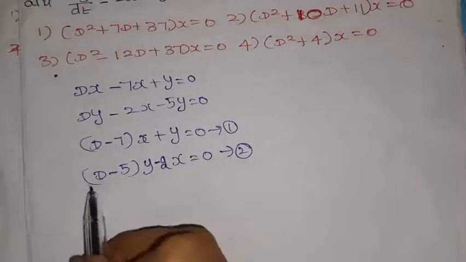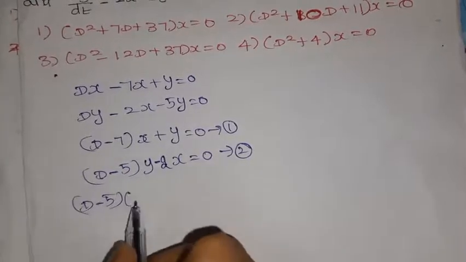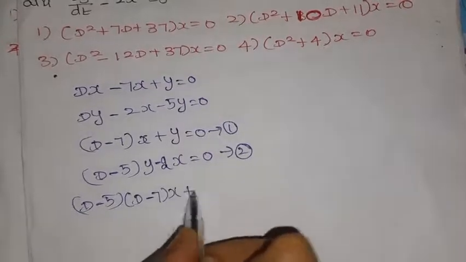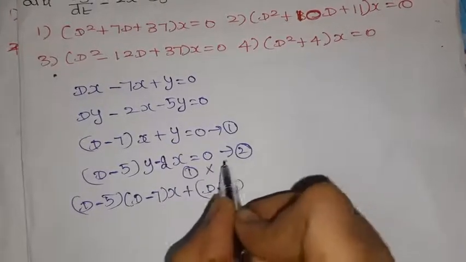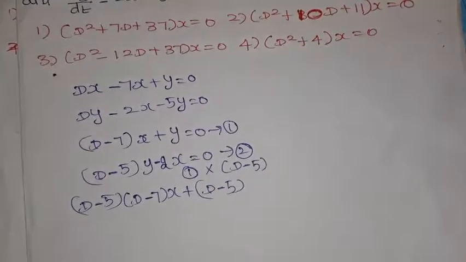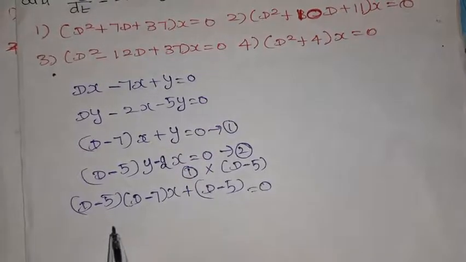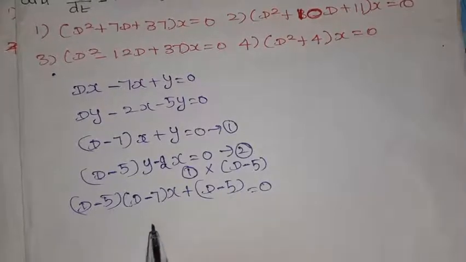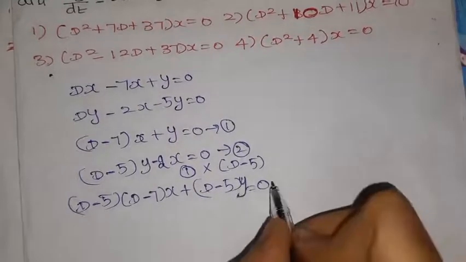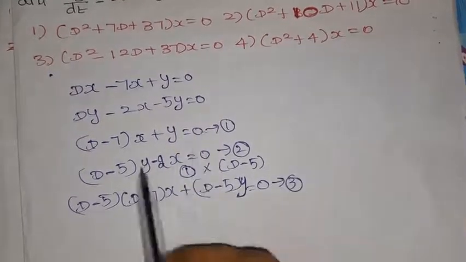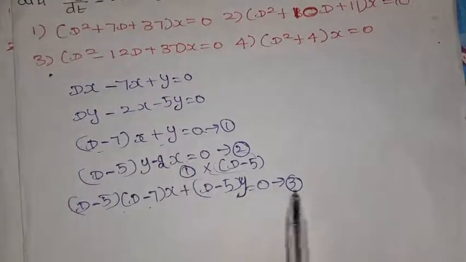Multiply by D minus 5 in the first equation: (D minus 5)(D minus 7) into x plus (D minus 5) into y equal to 0.